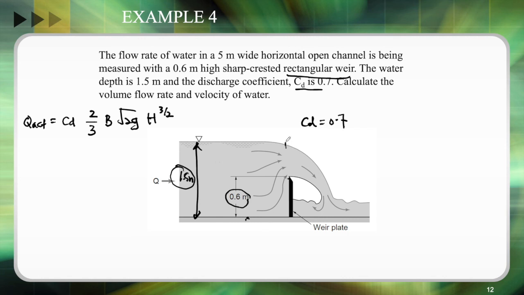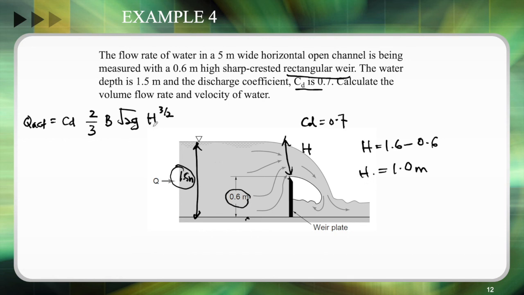So the head is actually this, the head over the notch, h. To find h, we have to subtract 0.6 meter from 1.5 meter. So h is 1.5 minus 0.6, and you will get that h is 1 meter.